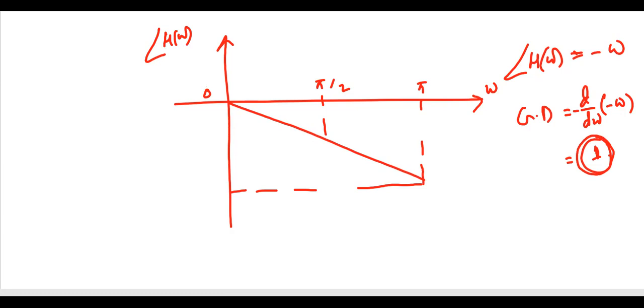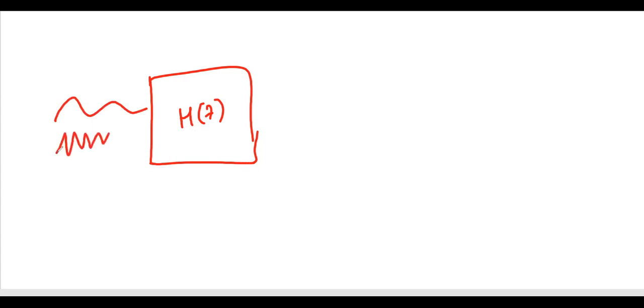I'd like to discuss it here with this example. Let's say I have this filter H(z), which we have designed, and we are putting 3 signals into it, including a low frequency one.